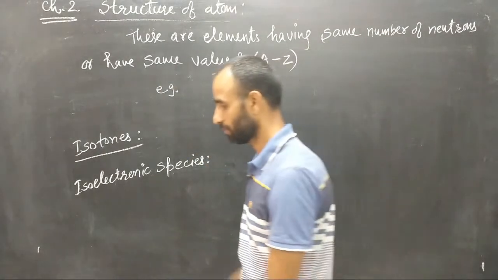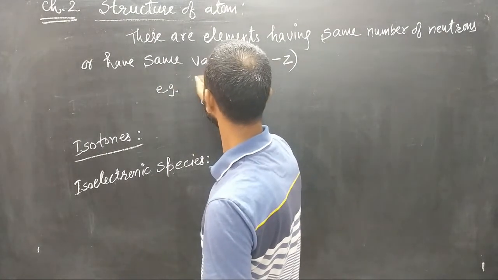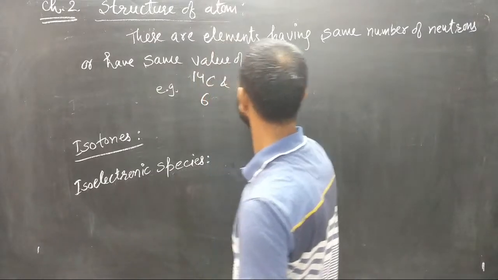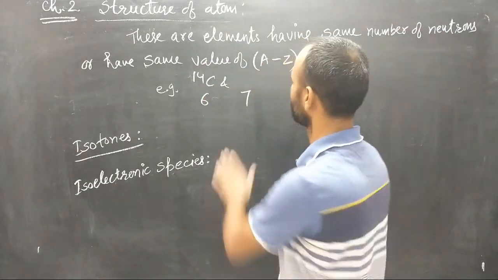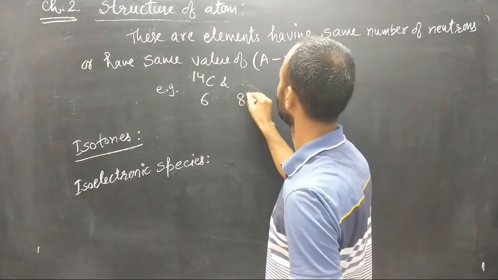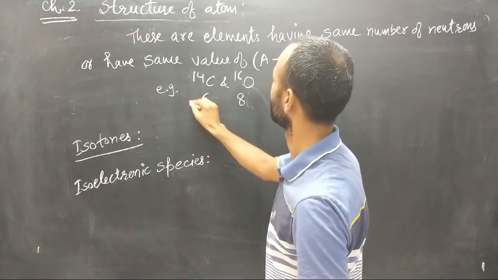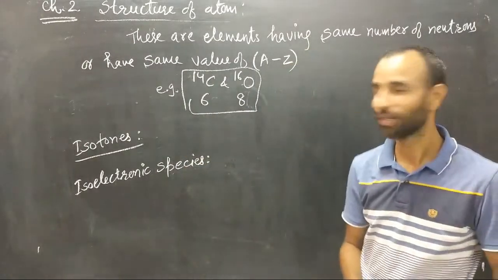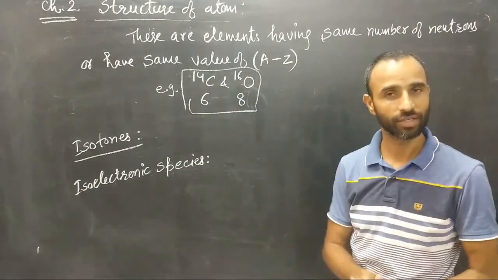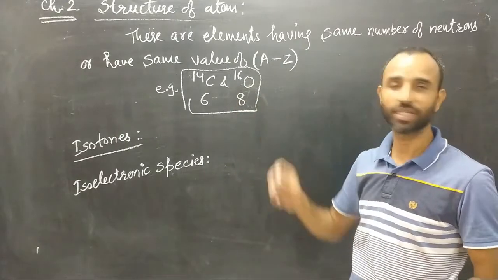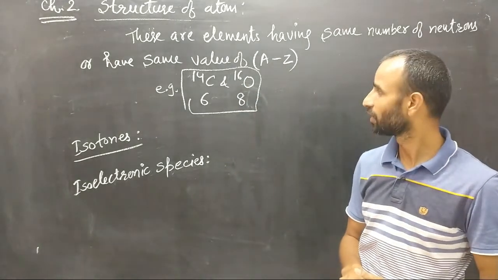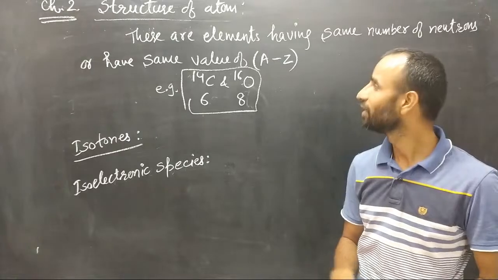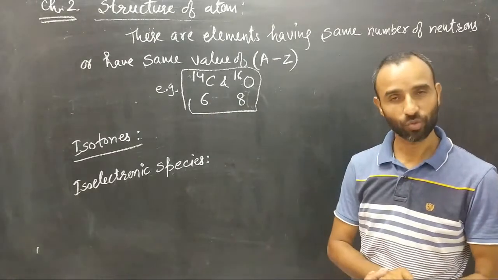Any example? For example, 6C14, 7N15 and 8O16. So these are isotones, because 14 minus 6 is 8, 16 minus 8 is 8. Okay, so these are isotones.